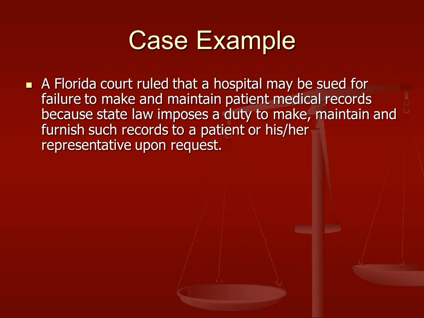So what's that say? Florida has a law on the books. It says there has to be a record on everybody, every patient, and they have to be maintained, and if the patient or the patient's representatives ask to see the records or have a copy of the records, that has to be furnished. So that's what the law says.